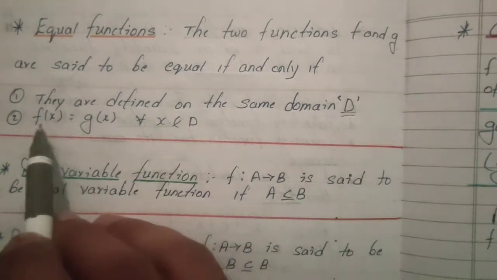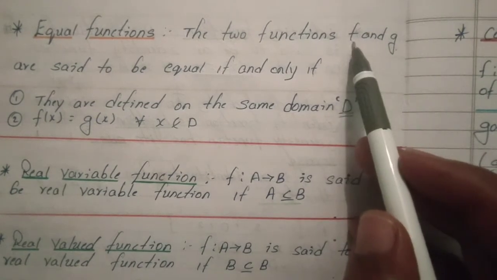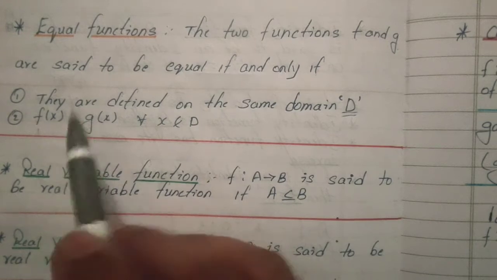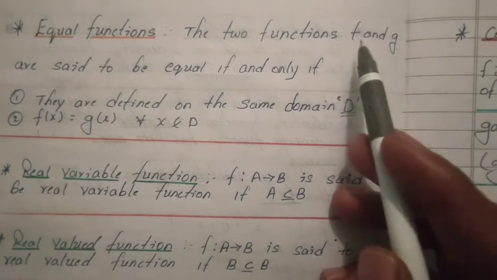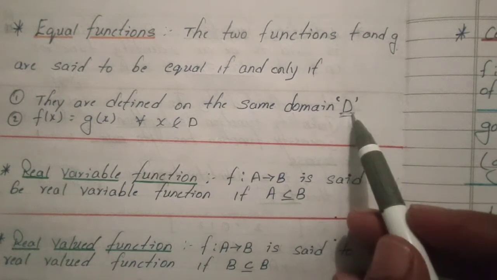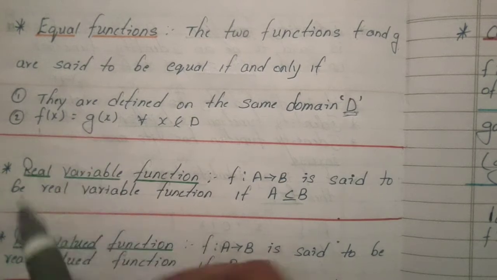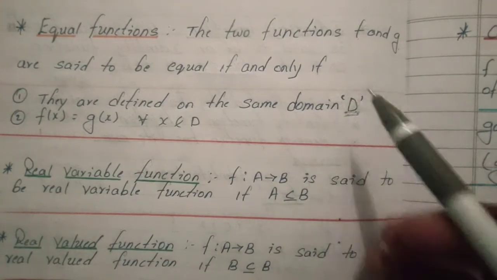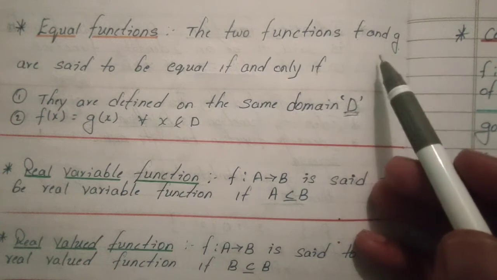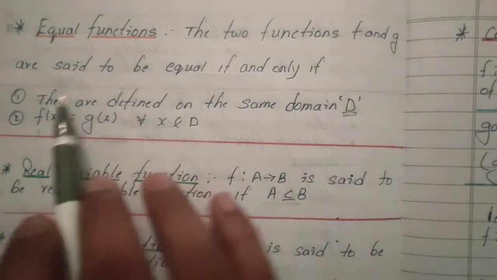Means each domain element should be the same and their images should also be the same. Then the f function and g function are said to be equal functions. Condition: the domain must be the same, and for each equal domain element of f and g, whatever elements we take, they should have the same image. Then the functions f and g are said to be equal functions.